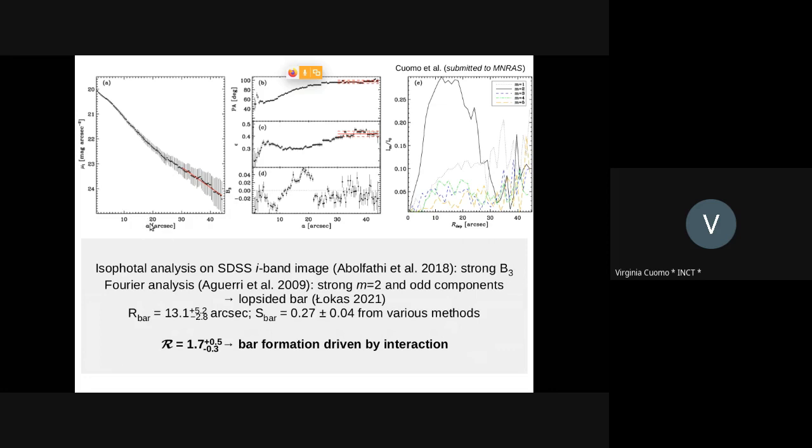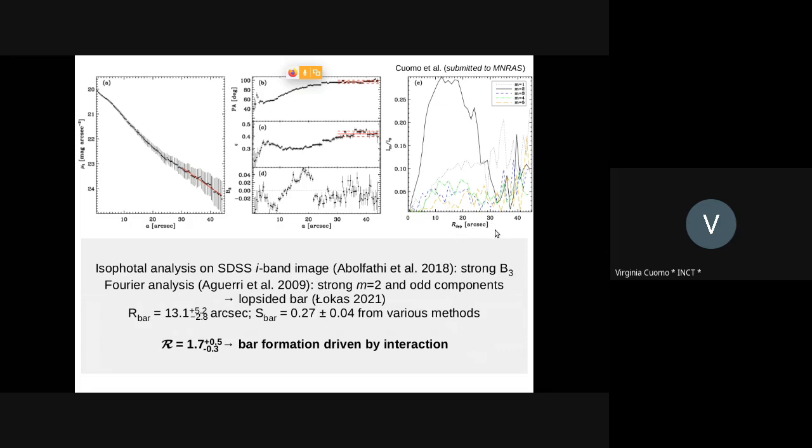Here you can see the radial profile of the surface brightness of the galaxy, position angle, ellipticity, and B3 parameter, which measures the asymmetric deviation from the ellipse shape of the isophotes. And we can see a large value of this B3 parameter in the bar region. We also perform a Fourier analysis, from which we decompose the light of the galaxy into a Fourier series.